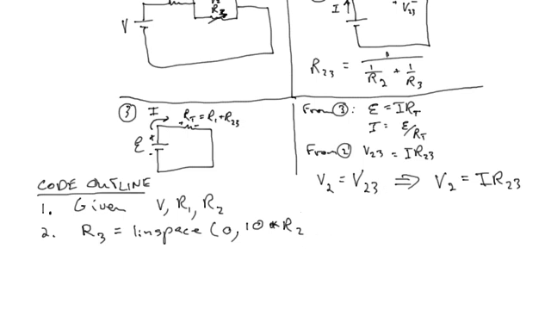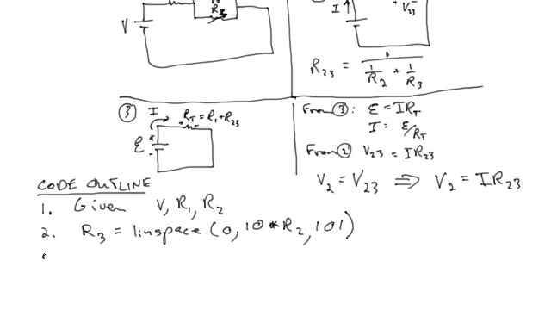I'll go with 101. So it's actually going to go in steps of 1/10 R2, with 101 values: 100 steps plus the one for R3 equal to 0. So R3 is going to go from 0 up to 10 times R2 in 101 steps. I'm not sure I remember the exact syntax for linspace, so I'll doctor that up a little bit if I have to, but I've conveyed the idea here in my code outline.